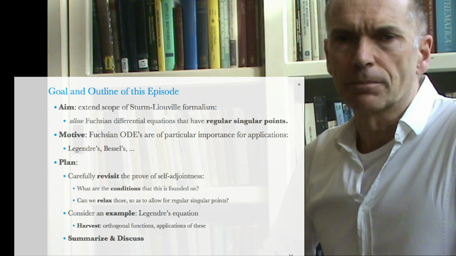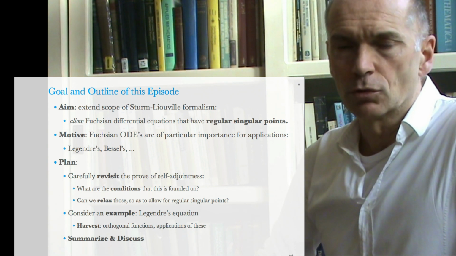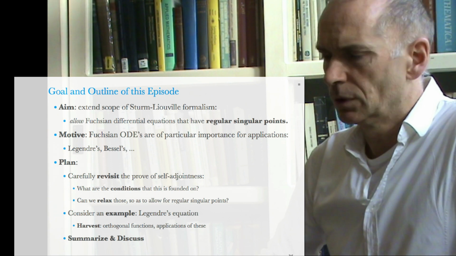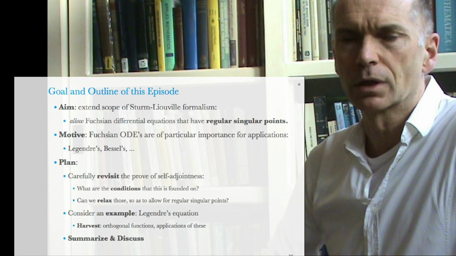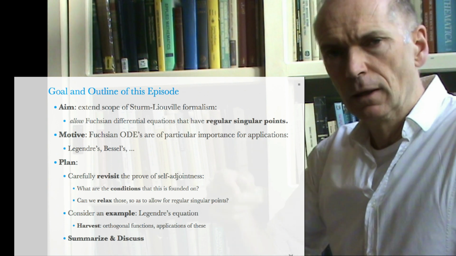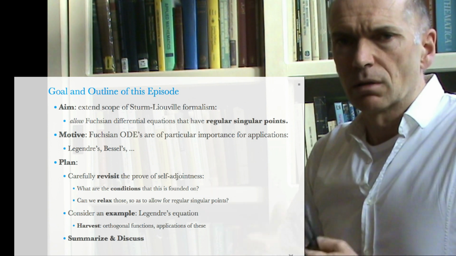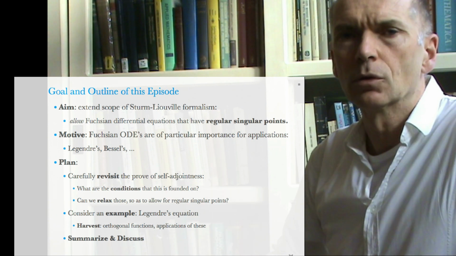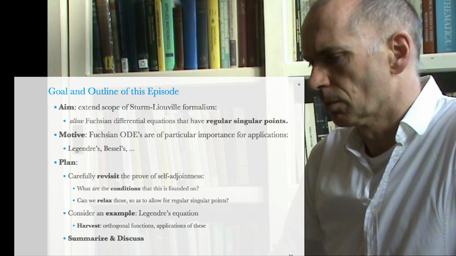So far, in chapter 11, we have covered Sturm-Liouville problems, but only regular ones, and then the regular singular points are excluded. The aim of this episode is to extend the formalism a bit so that we can include those kinds of differential operators.